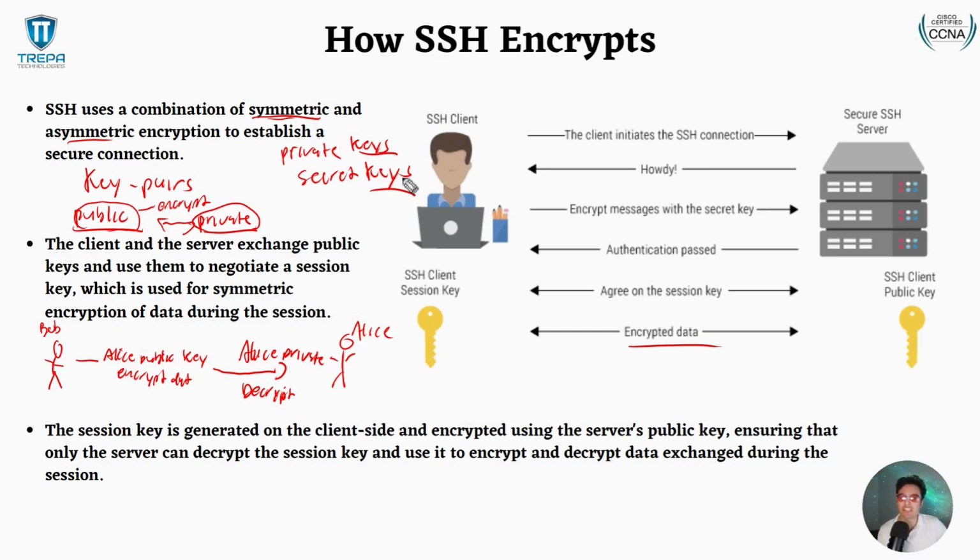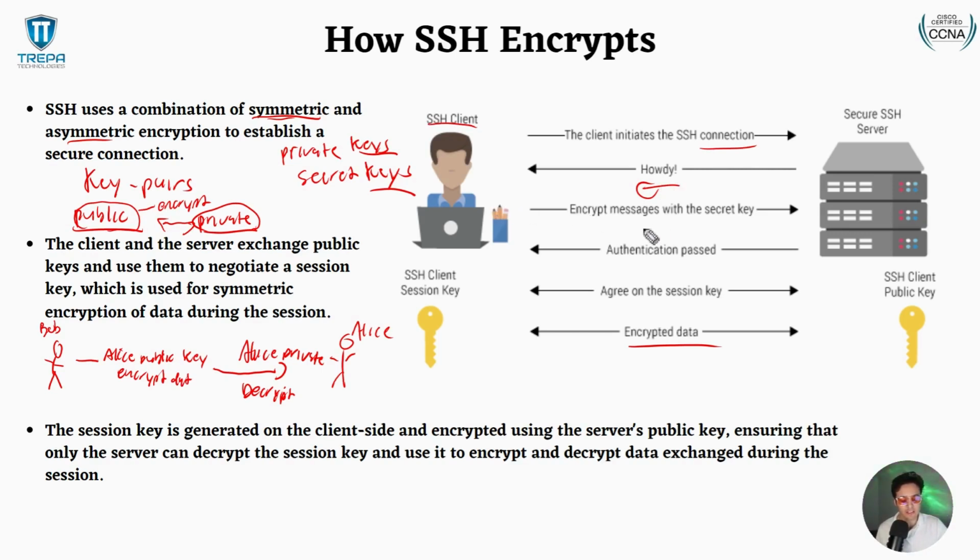And if you need to exchange private keys to do encryption and decryption, you need a secure key exchange protocol or algorithm, which SSH provides in that combination. So you can see the steps here. The SSH client initiates an SSH connection. The server responds, essentially with its public key.